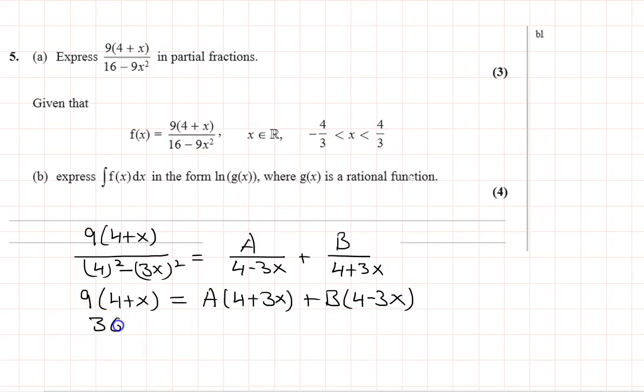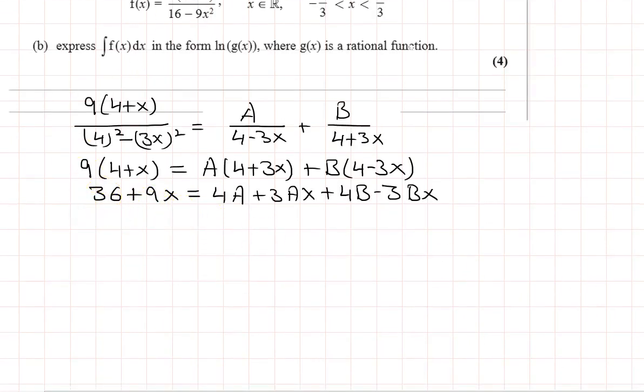So this is 36 plus 9x is equal to 4a plus 3ax plus 4b minus 3bx. We compare the coefficients of x. Here the coefficient of x is 9, here the coefficient of x is 3a, and here the coefficient of x is minus 3b. So they must be equal.